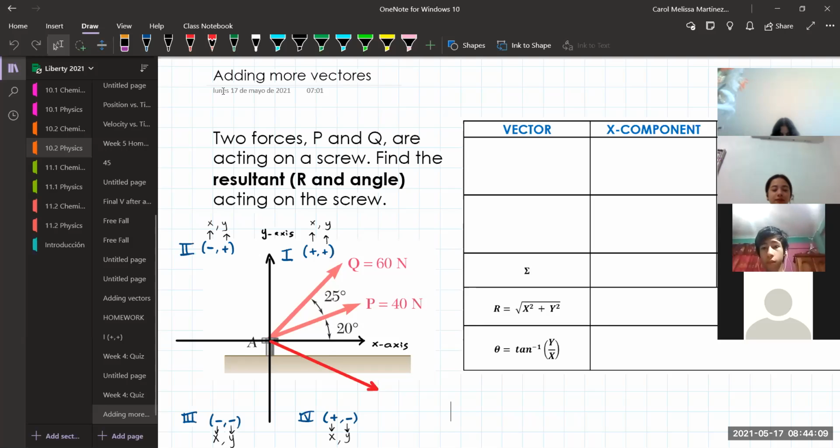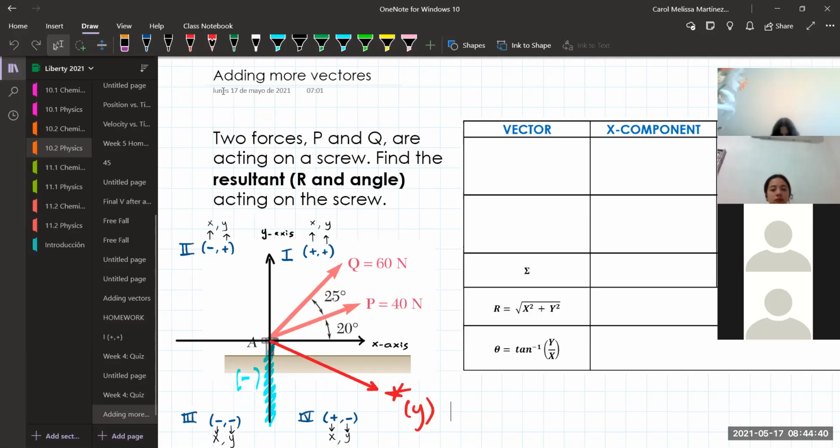Negative. Take a look. My y component refers to the y-axis. As you can see, the y-axis over there is on the negative side.